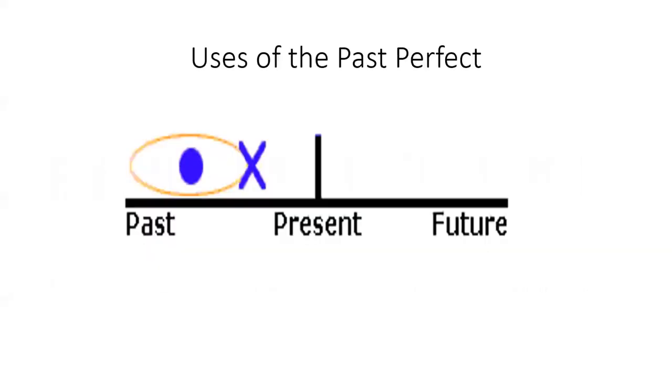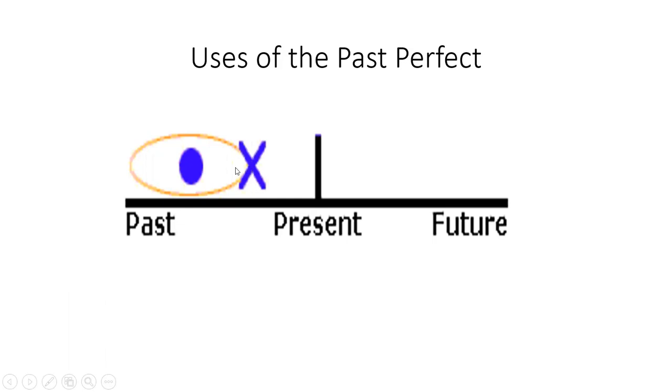Moving on, this is the timeline that shows us how we must think of the past perfect. So this is the present, this is the now, and this is a past point in time. If we want to say that something happened here, we usually use the simple past.